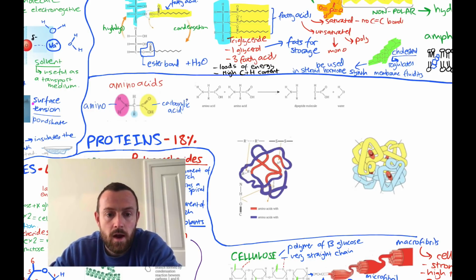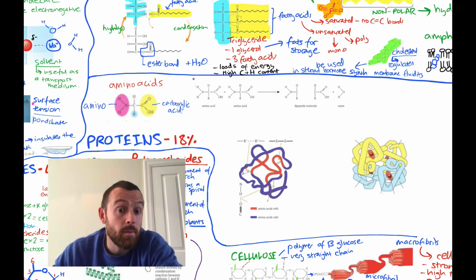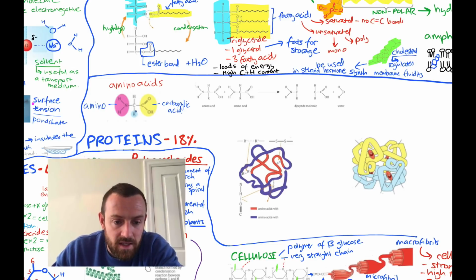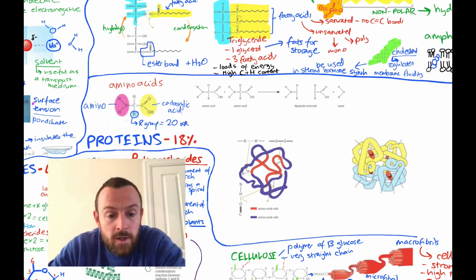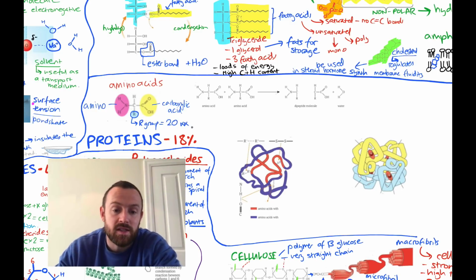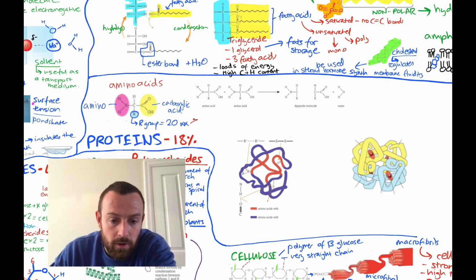Now, amino acids come in 20 different varieties, and they are different via this R group. Okay, so this is the R group, and there are 20 different R groups to give 20 different amino acids. Now, some of these amino acids might be hydrophilic, some of them might be hydrophobic.